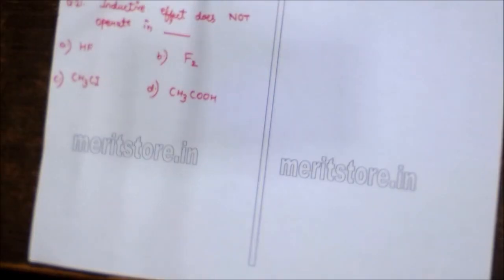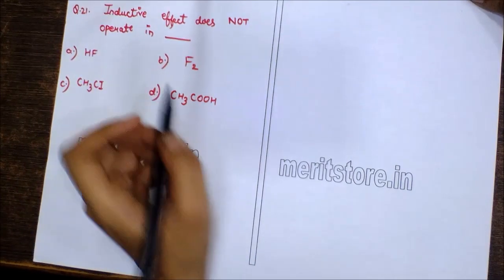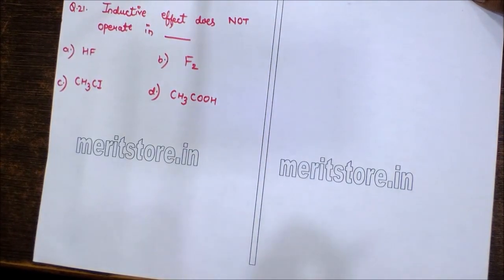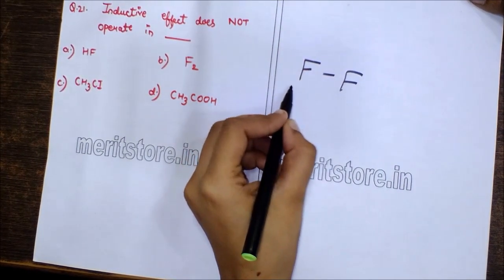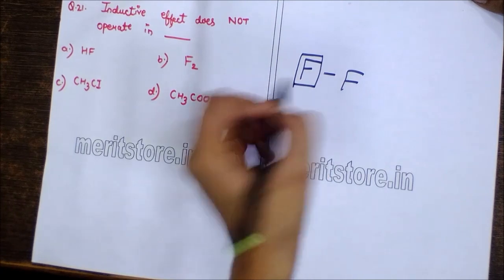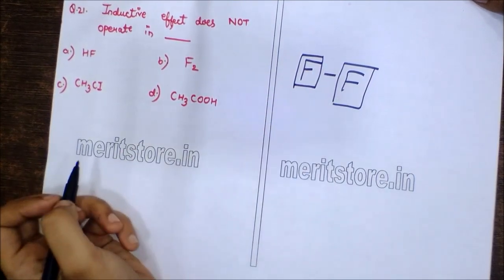Question 21. Inductive effect does not operate in: A. HF, B. F2, C. CH3Cl, D. CH3COOH. So for inductive effect to not apply, there should be no electronegativity difference between the atoms. So if I have F2, the amount of electronegativity this F will have, the same amount of electronegativity this F will also have.